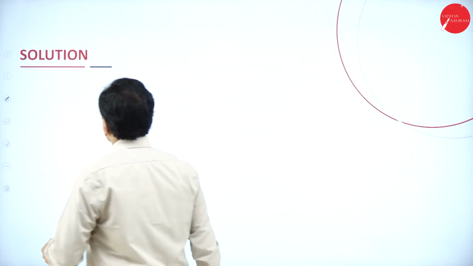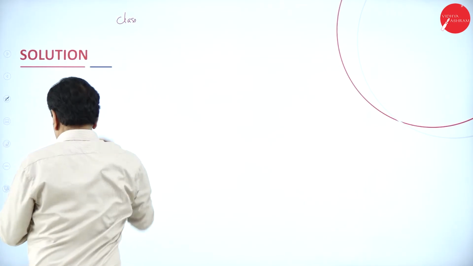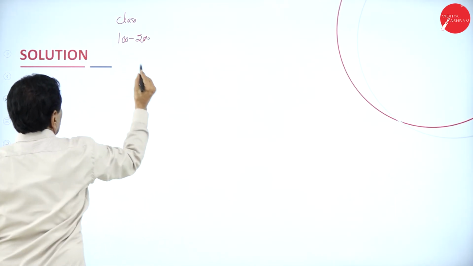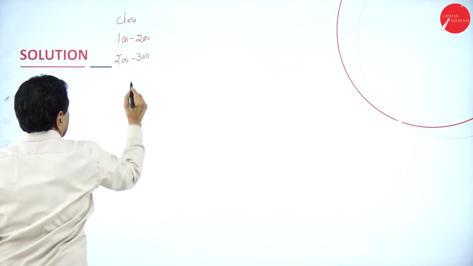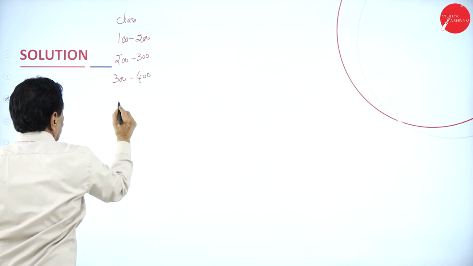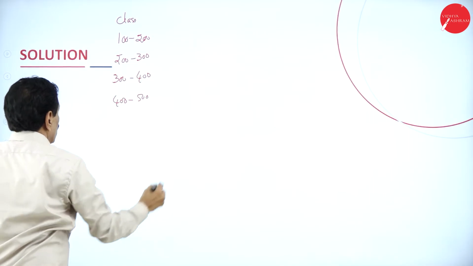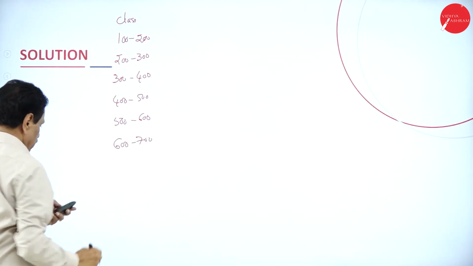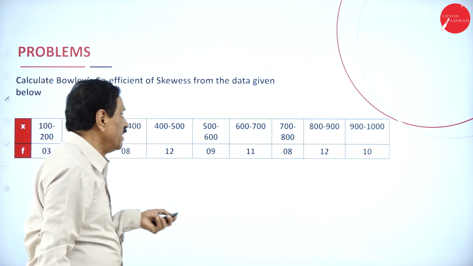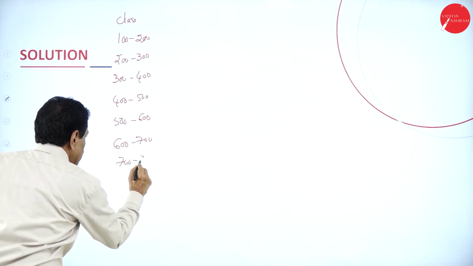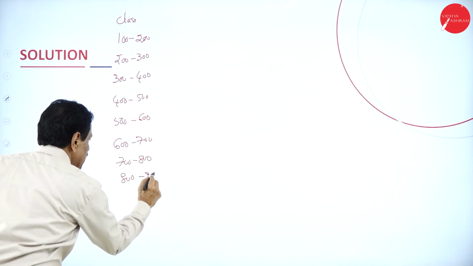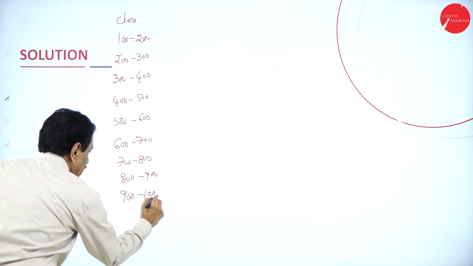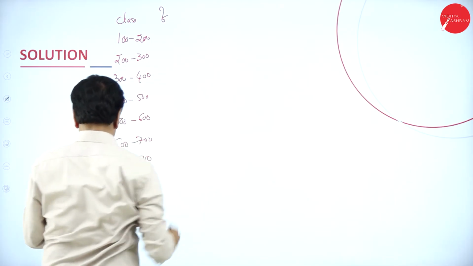We'll write the table. Class: 100 to 200, 200 to 300, 300 to 400, 400 to 500, 500 to 600, 600 to 700, 700 to 800, 800 to 900, 900 to 1000. This is given. Then the frequency.